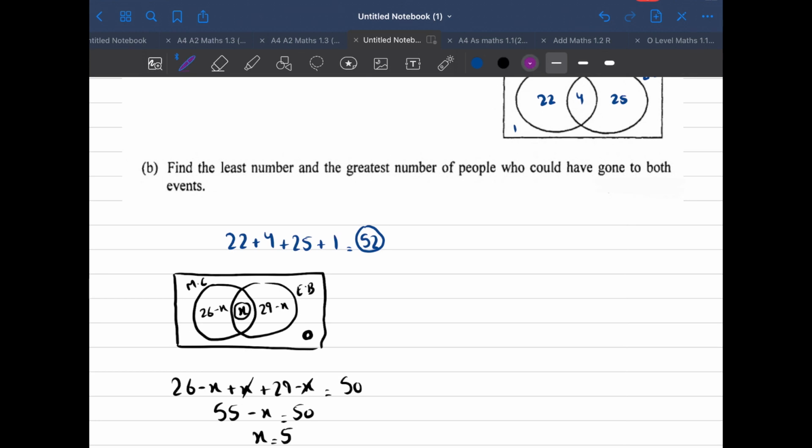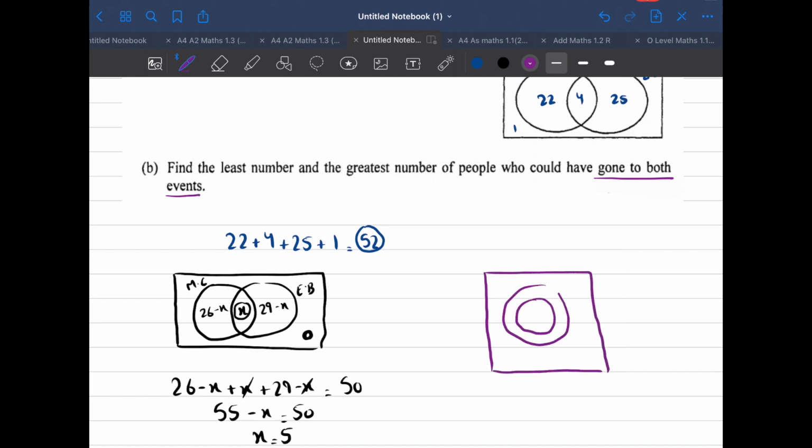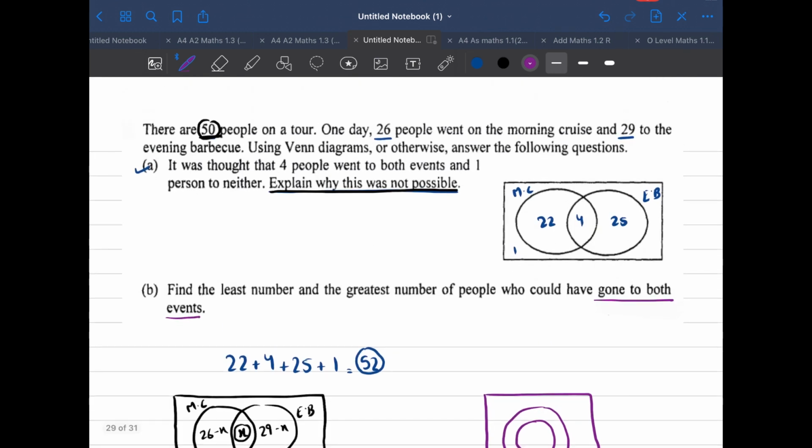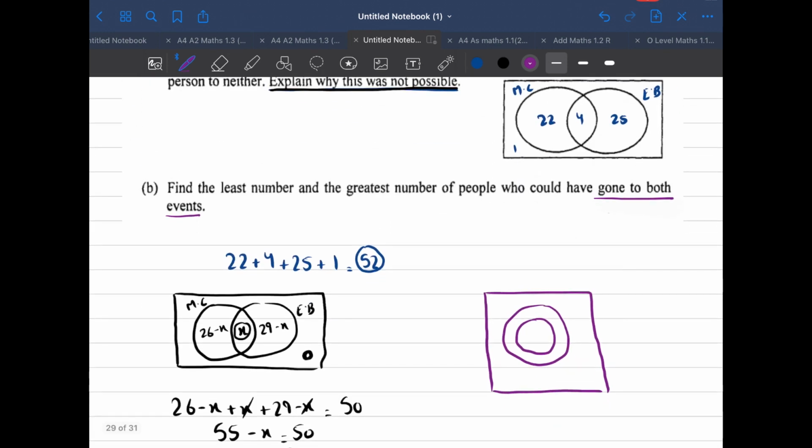Now comes the greatest value of people who could have gone to both events. For the greatest value, I'm going to make a Venn diagram like this. Now tell me, does the morning cruise have fewer people or does the evening barbecue have fewer people? Morning cruise. The morning cruise will come inside and the evening barbecue will go outside.